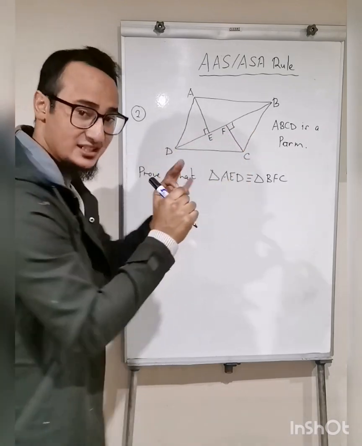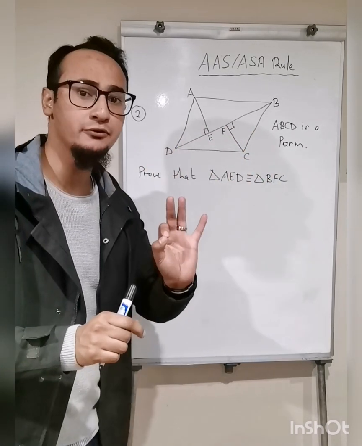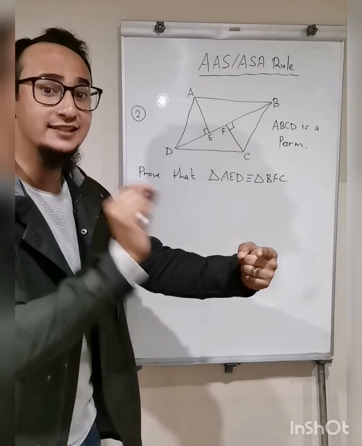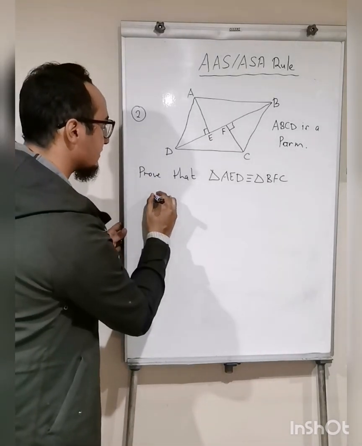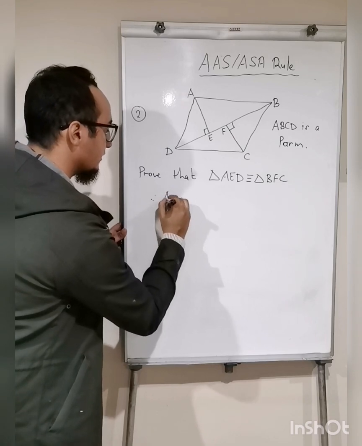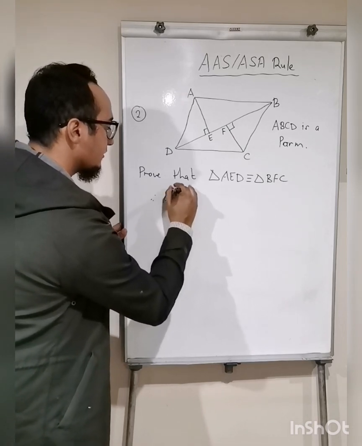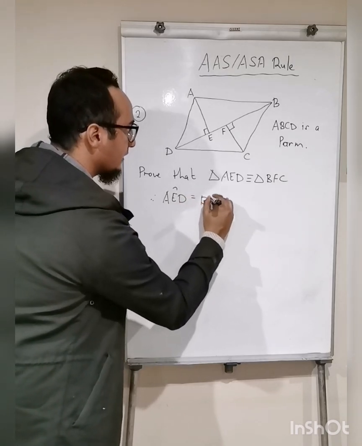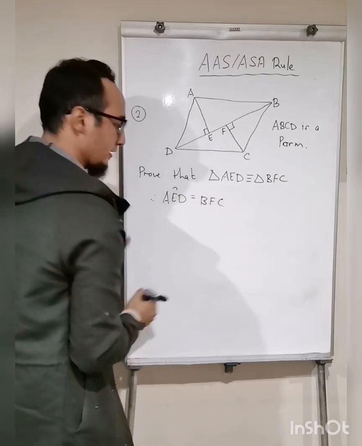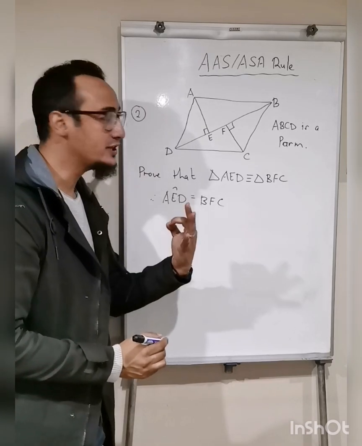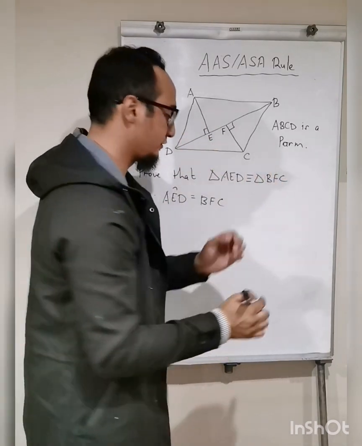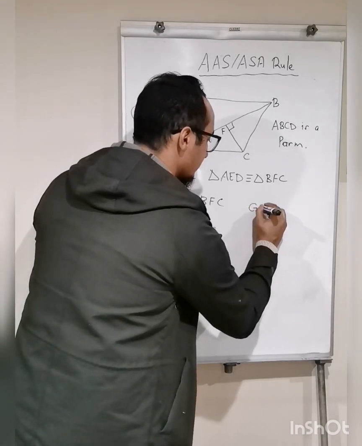They are in the specific triangles that I'm looking for, and they are both 90 degrees. So therefore they are exactly the same. So therefore I can say angle AED, with the angle on the E, is equal to angle BFC. Right? Why do I know that? Because they tell me, i.e. it was given to me. So your reason is given.